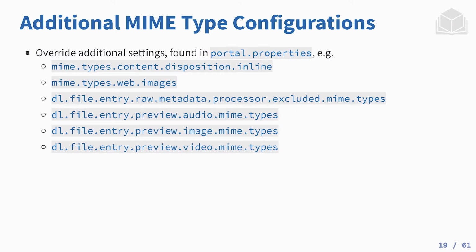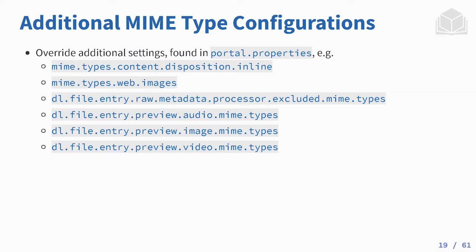We have a couple of document MIME types that can be configured, and if I'm not mistaken, they're still in Portal Properties, but there's also a bunch of MIME types configurable in the settings. Those are the settings that can be used, or the MIME types that can be used for audio, for video.